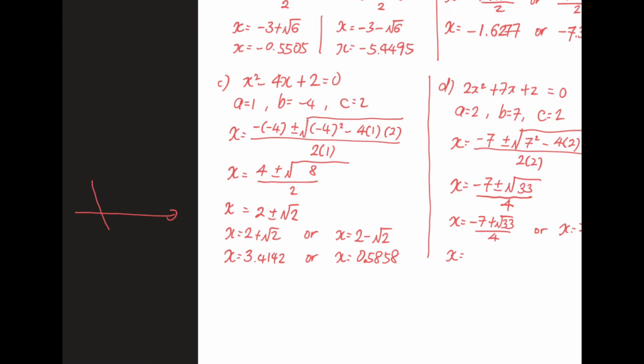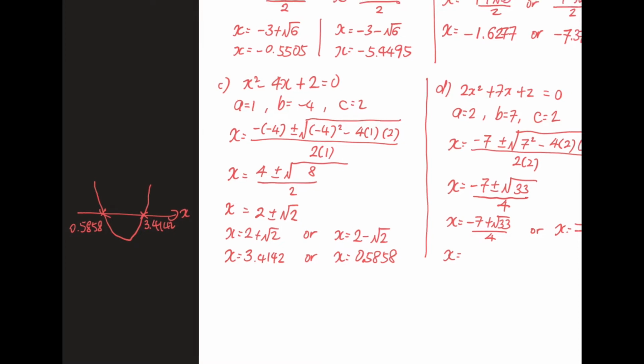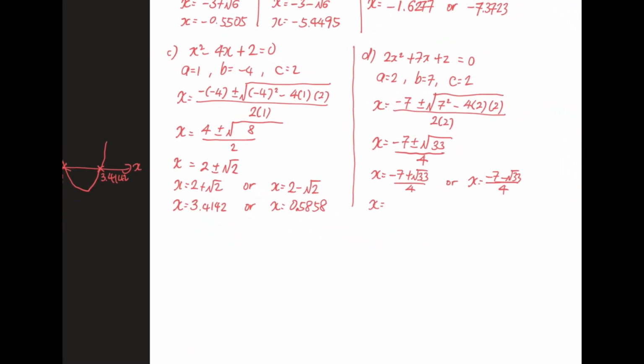So it's something like this. There are two values on the x-axis, which are 0.5858 and 3.4142. So it represents the x-intercept actually. So we are finding that.